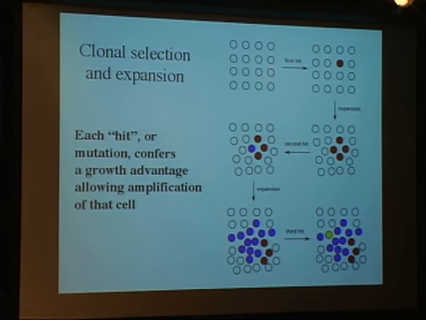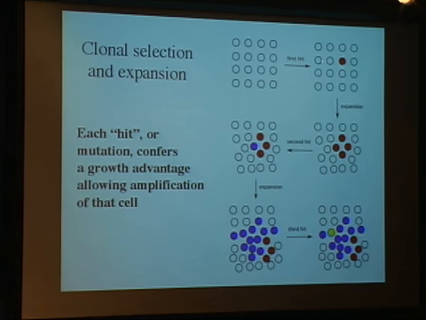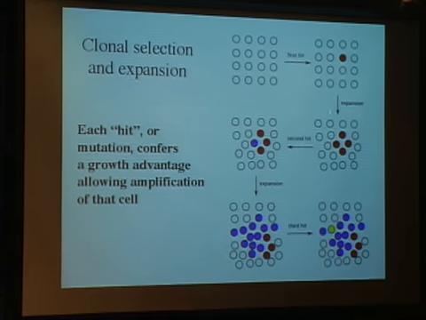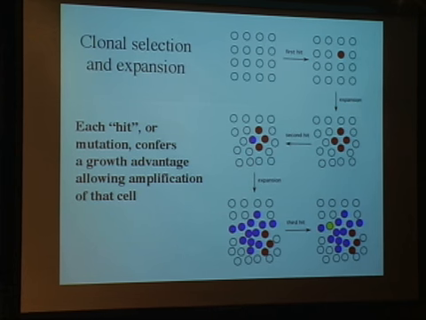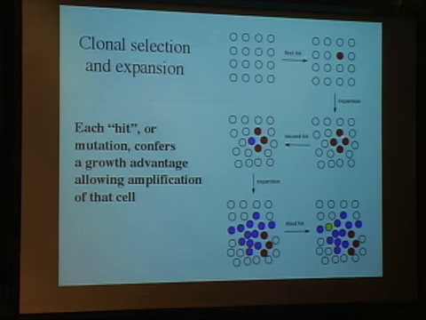And the theory says that, again, normal cells are doing their thing. You generate a mutation. That confers this growth advantage, so the cell begins to, in a modest way, take over the population. It's by no means a full-blown tumor yet, but it does have a growth advantage over its neighbors, and that's the critical thing.